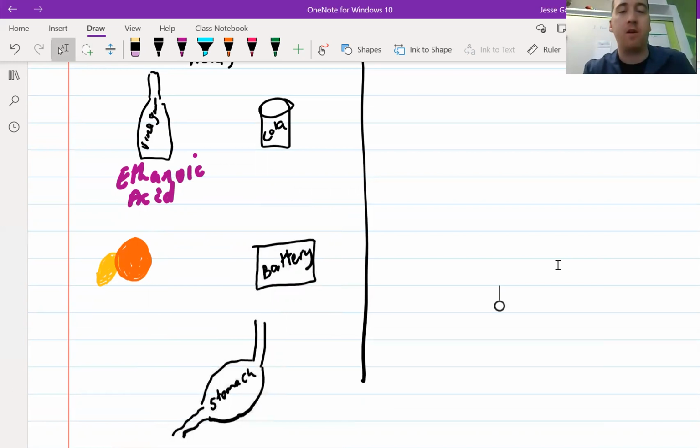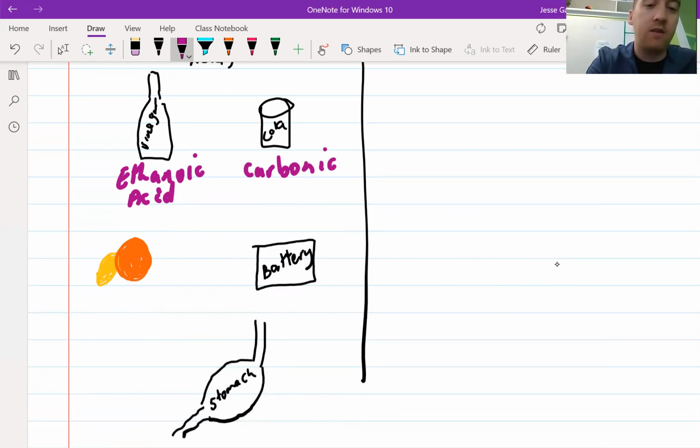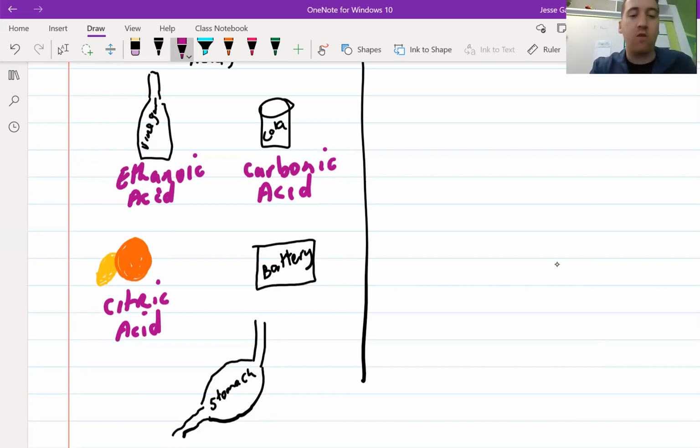Cola is another example of an acid. Generally, any carbonated drinks, any fizzy drinks, are going to have this stuff called carbonic acid. Citrus fruits, oranges and lemons, have an acid called citric acid, where they get their name, citrus fruits.